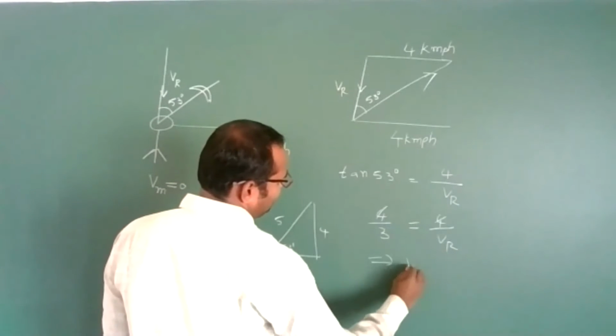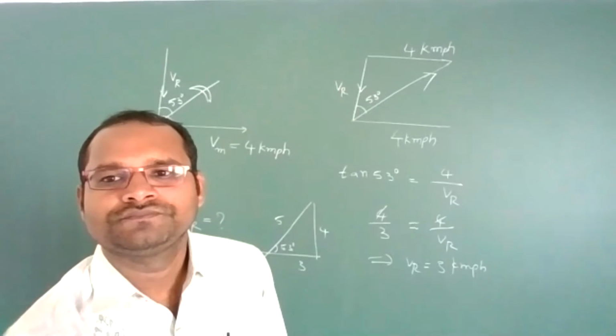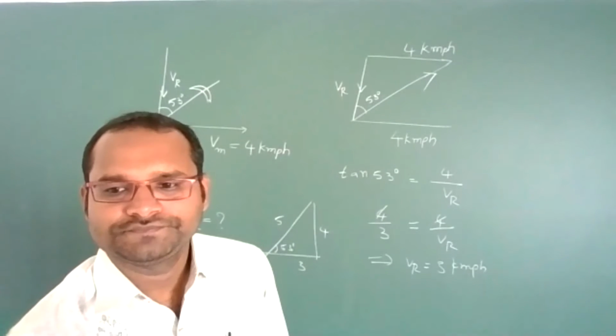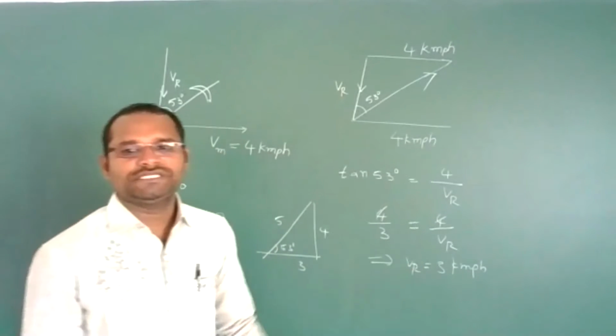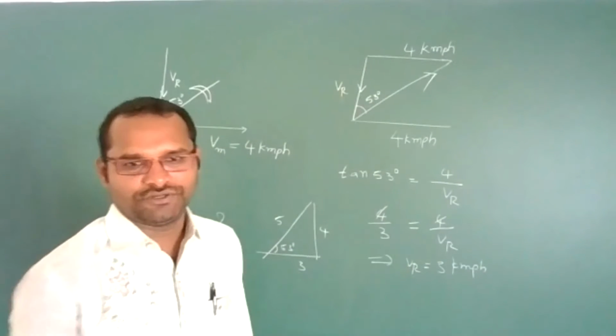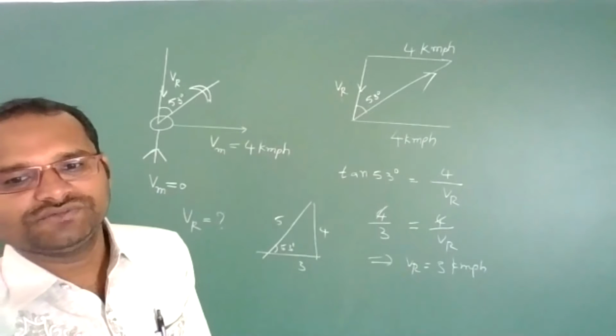The 4 cancels, and multiplying, we get the velocity of rain as 3 km per hour. Finished, we got the answer. It is a very simple example.